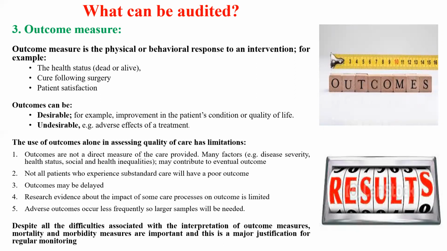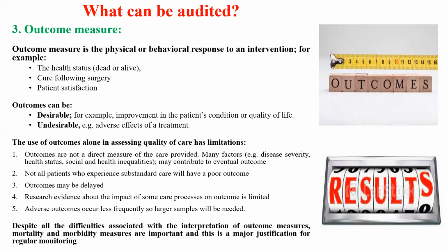Some of them will be lucky; in spite of the substandard care, they will have a good outcome. Number three, outcomes may be delayed and adverse effects occur less frequently, so we will need larger samples here. And also, the research evidence about the impact of outcome is limited. So these are the limitations of measuring the outcome.